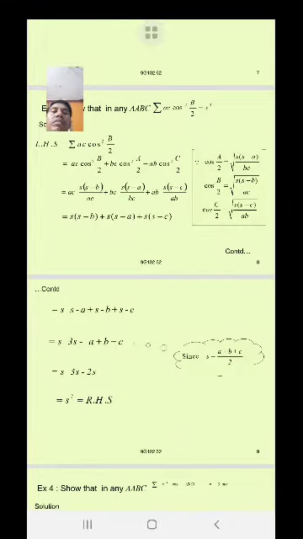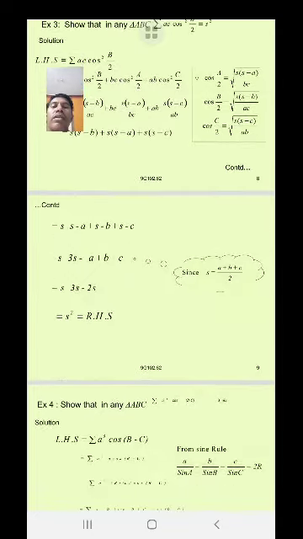Here in each term s is there, so take s common and keep the remaining in a bracket. Take s common and open the bracket and write s minus a plus s minus b plus s minus c, and close the bracket. Here brackets are not kept, so it is a printing mistake; you have to keep them in a bracket. So s of s plus s plus s means 3s, and if we take minus common from a, b, c, we get minus of a plus b plus c.